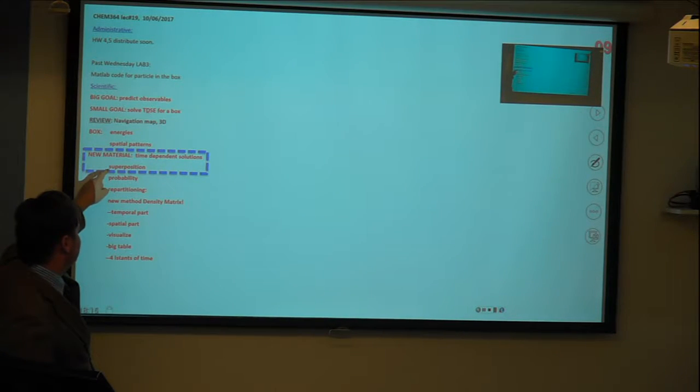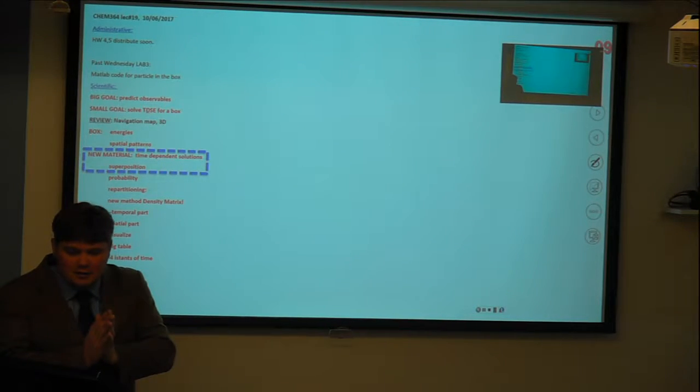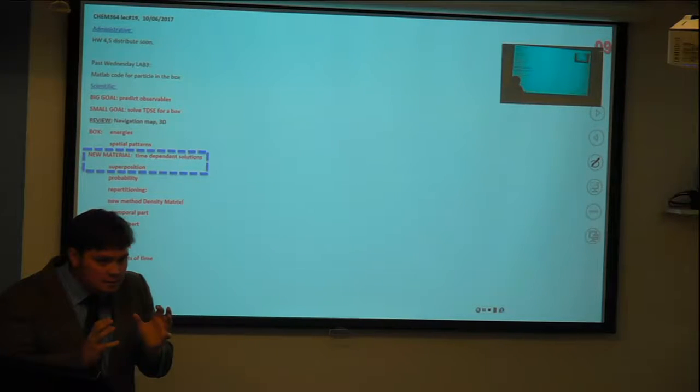I don't know how successful I will be in keeping being organized, but an attempt is to have a running panel that shows how far we are progressing. And right now we are trying to go into the time evolution.